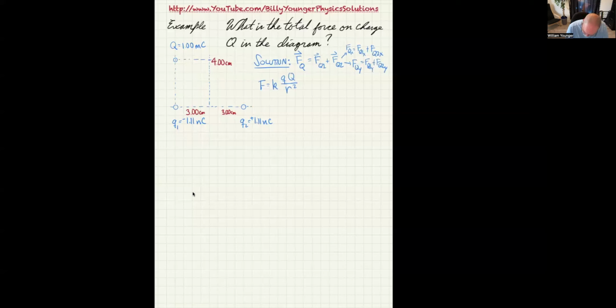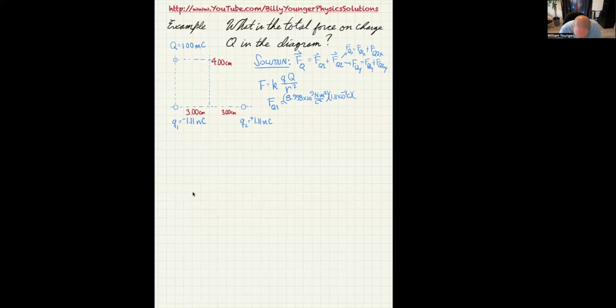Let's start with calculating the force on Q due to lowercase q1. Notice how I'm going to leave off the actual sign of the charges. K is 9 times 10 to the 9th Newton meters squared per Coulomb squared. That's the units of K. And then the lowercase q is going to be 1.11 times 10 to the negative 9th, because nano is 10 to the negative 9th.